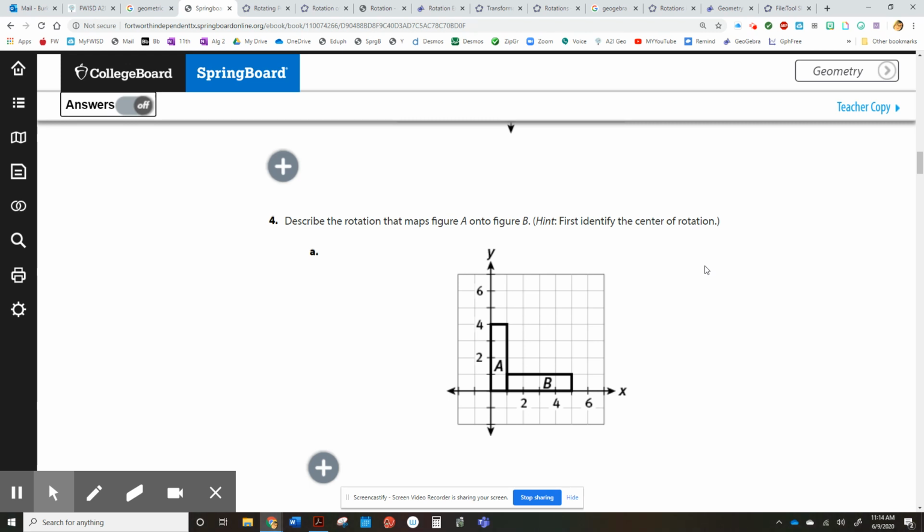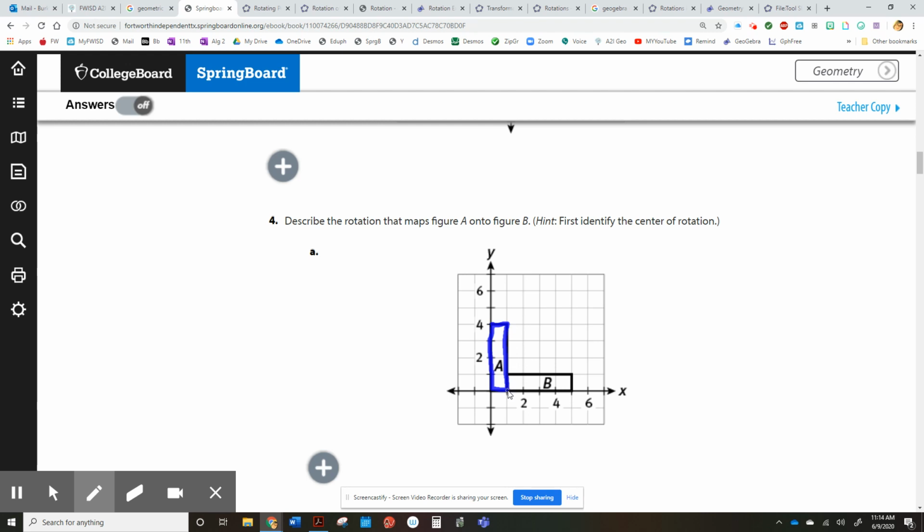So if the center of rotation is part of your figure, then it's going to be the only piece of this original graph that doesn't move. That stays in the same place.